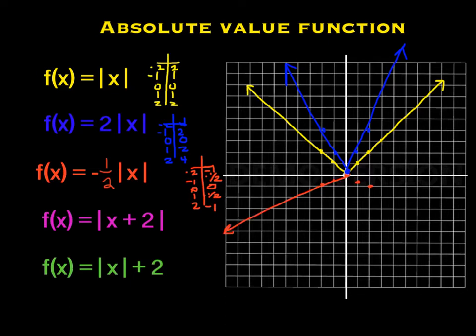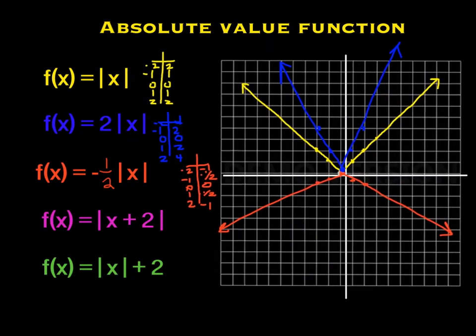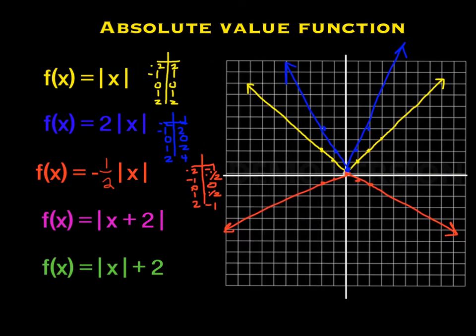Okay, so for the orange graph, it flipped upside down, and I think you probably all remember that the negative sign is what's going to do the reflection across the x-axis. Okay, we don't call it a flip, we call it a reflection across the x-axis. And you can see that it also was compressed. So I went from the parent, which is this yellow, to a little bit wider.